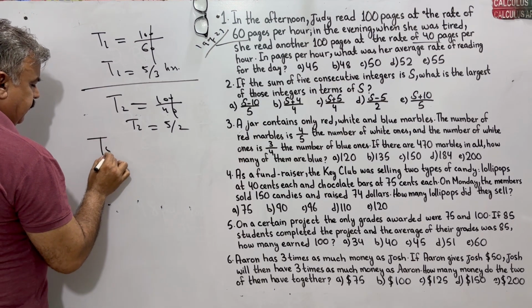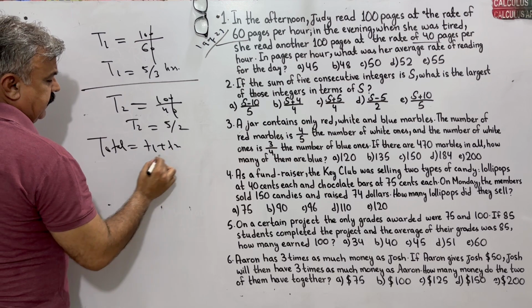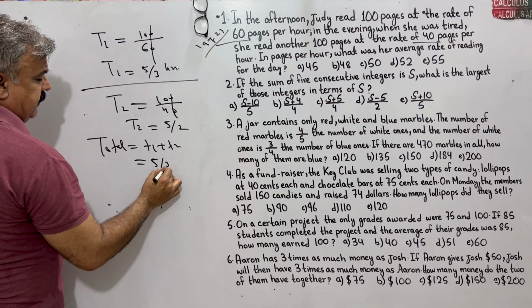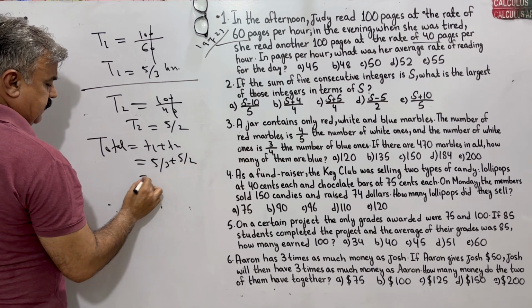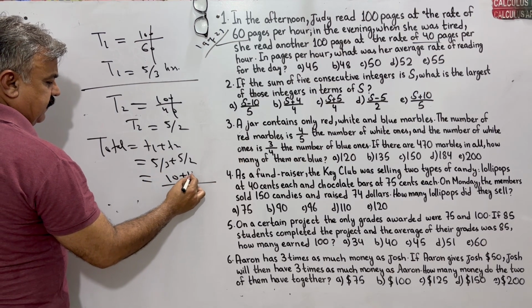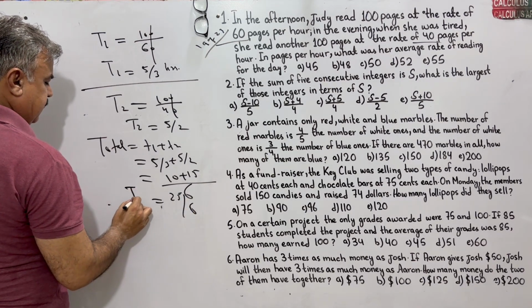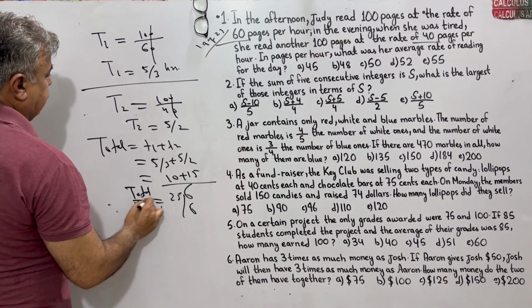So total time is T1 plus T2, 5 over 3 plus 5 over 2. Taking LCM 6, 2 times 5 is 10, 5 times 3 is 15, so 25 over 6. That's my total time.